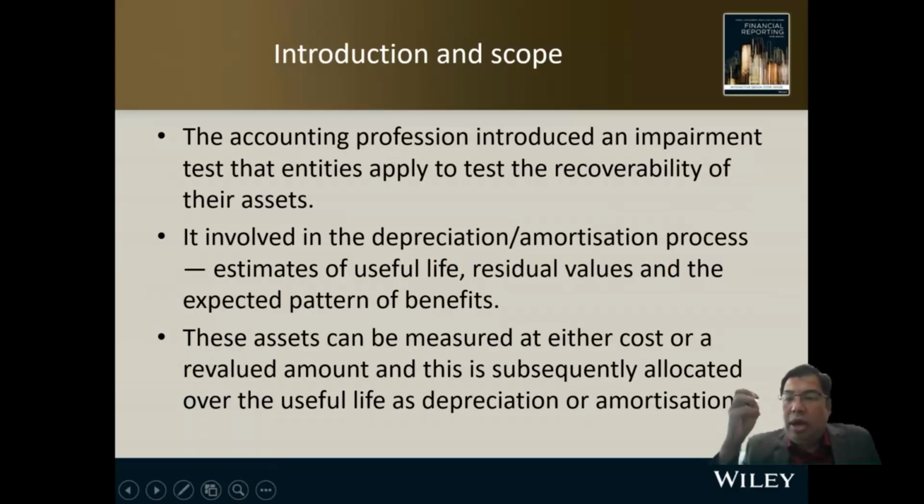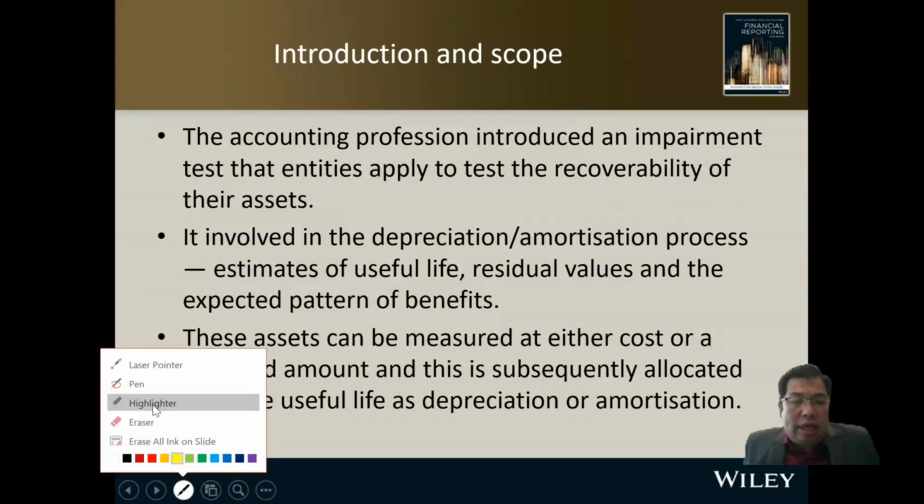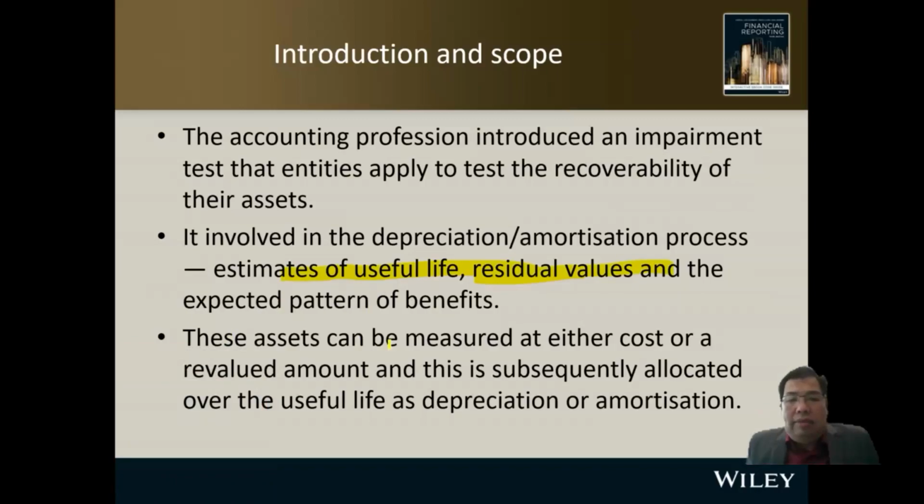We determine what is the depreciable amount of the assets and allocate that amount over the estimated useful life of the assets. So that is the normal process. The asset can be measured at cost. At the same time, we also can revalue the asset after the initial recognition.